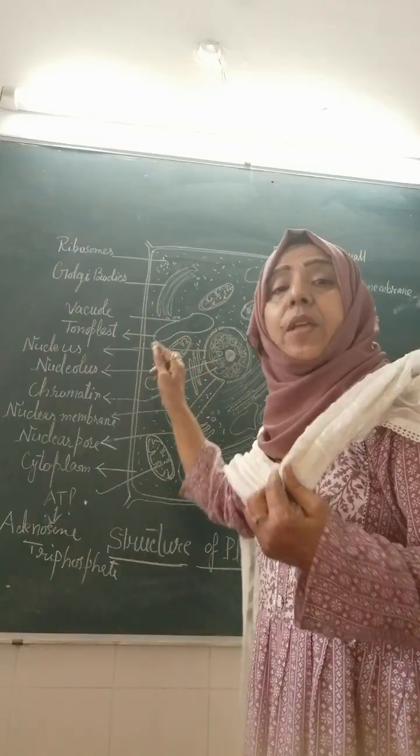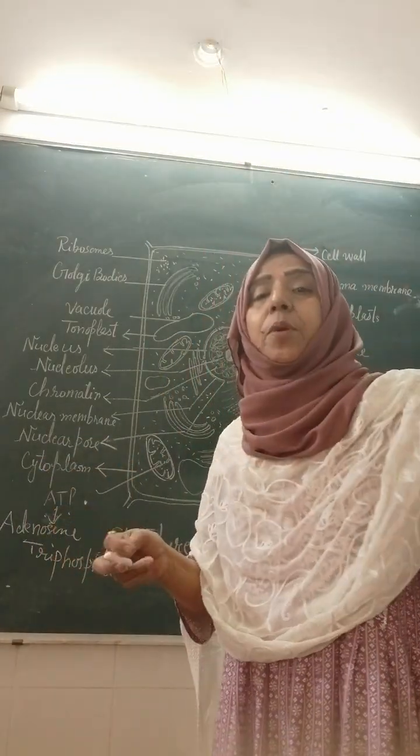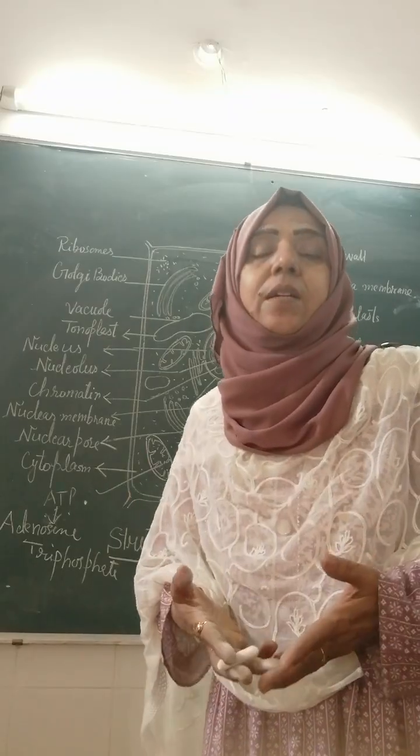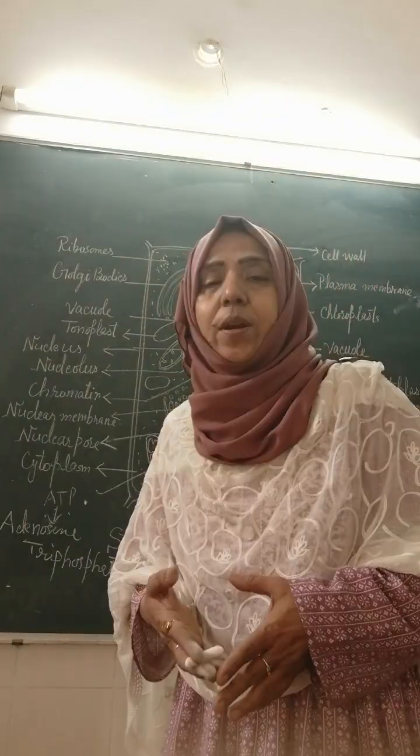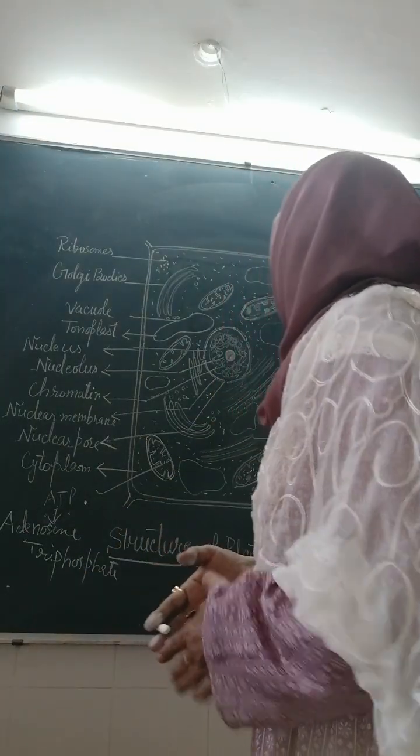So it is a very important character. We call it a hereditary character, because the hereditary characteristic features of each and every organism or plant are transferred from parents to their offspring.